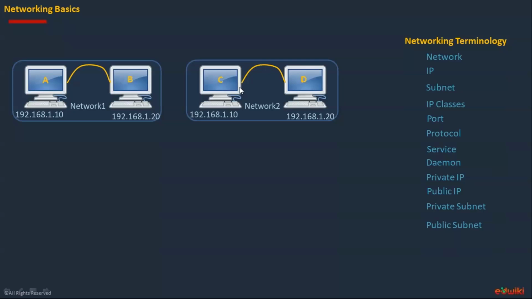So far, so good. Now the question for you is, do you think server A can communicate with server C? No, right? So from this example diagram perspective, no. Why is it no?